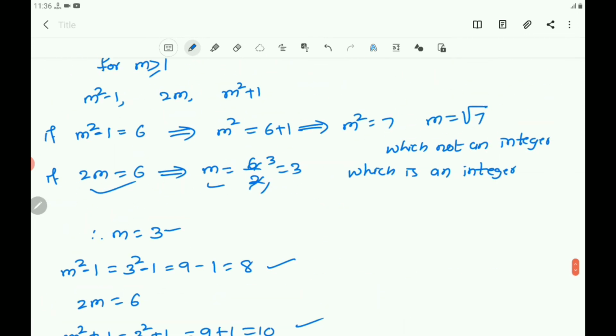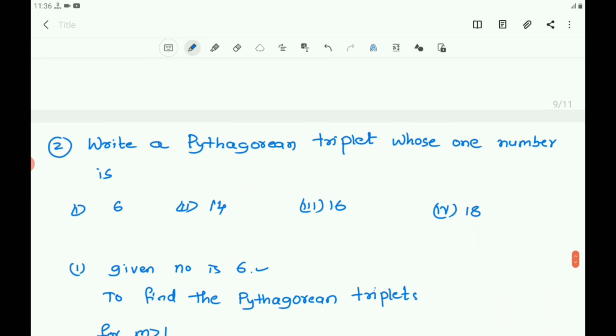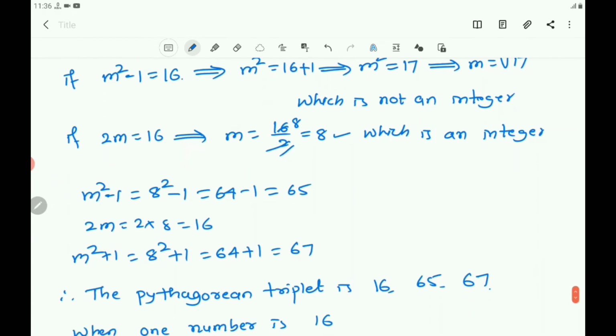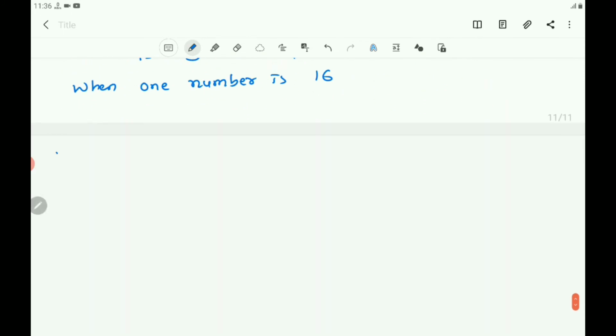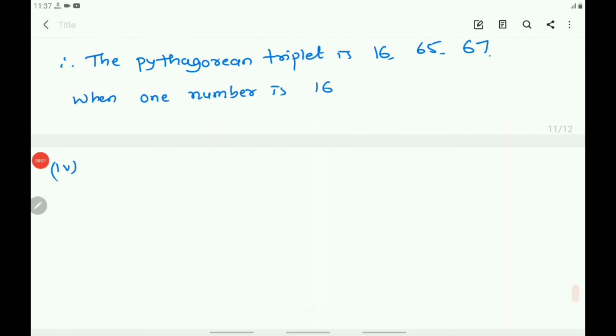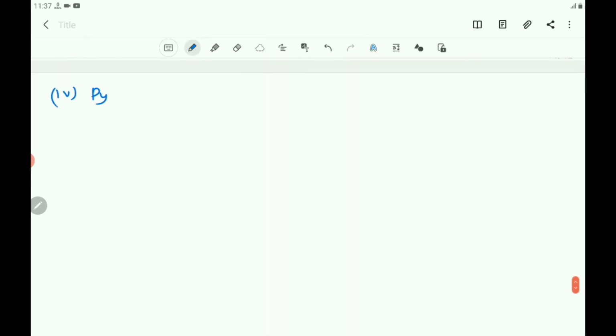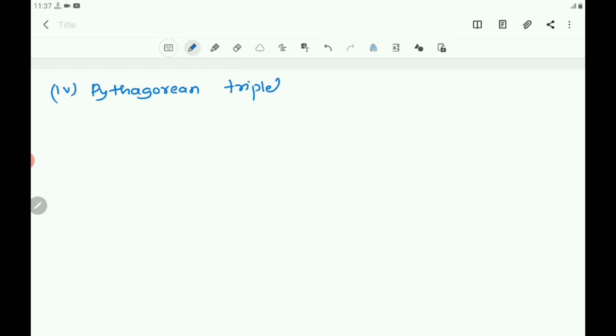Then the last given number is 18. So you write the Pythagorean triplet when one number is 18.